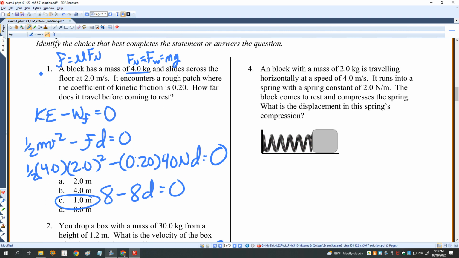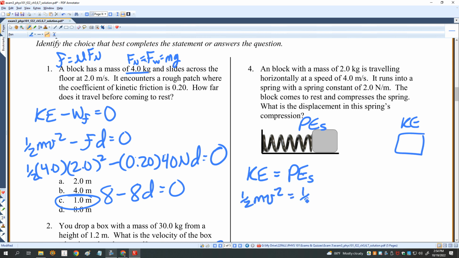Here I have a block on a spring. It's traveling horizontally. It runs into a spring with a spring constant of 2 newtons per meter. The block comes to rest and compresses the spring. I want to know what is the displacement in the spring's compression. So over here, the block had kinetic energy. And now over here, when it's compressed this spring, it only has elastic potential energy. So that kinetic energy all becomes elastic potential energy. And I'm looking for x.